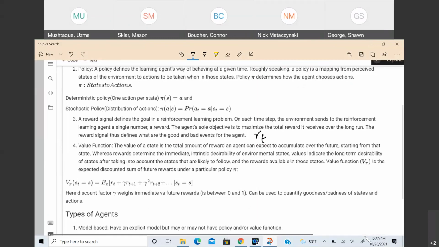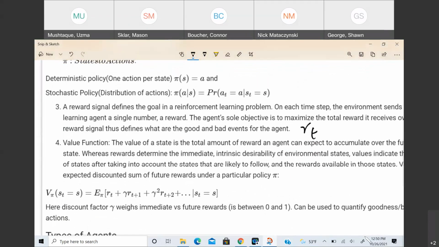Now comes the most important part of any reinforcement learning problem, and that's known as the value function. Why is this value function so important? Well, the agent is not looking for an immediate reward only. It's trying to achieve some goal, and we said that it's trying to maximize all the rewards in the process of achieving that goal.